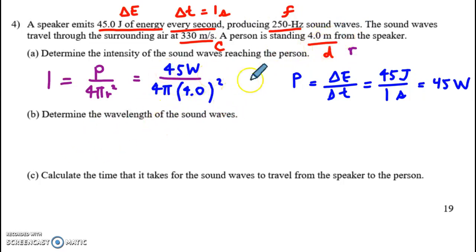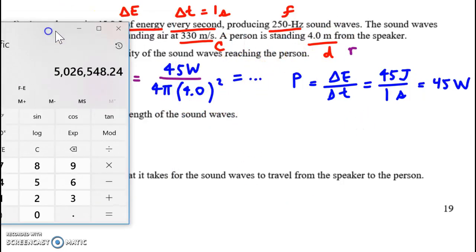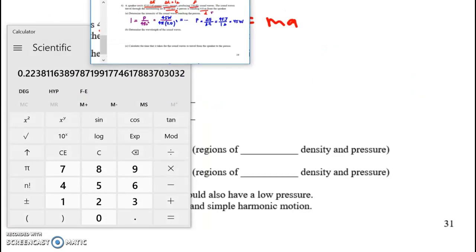Determine the wavelength. Okay, well first I have to calculate, but I'm not going to calculate. Maybe I will. 45 over 4 over pi. Use your pi button. You don't want to do what I'm doing. Over 4 squared, 16. 0.22.